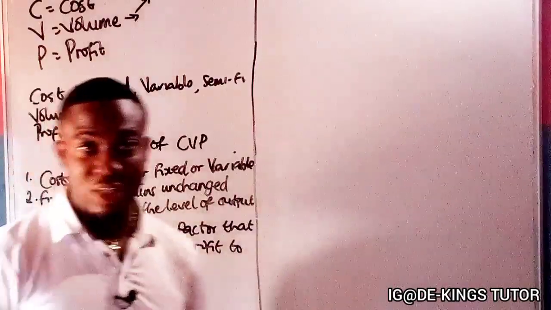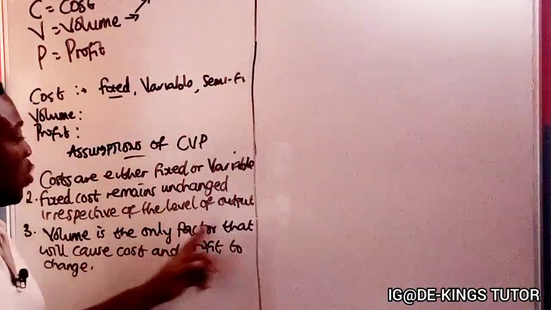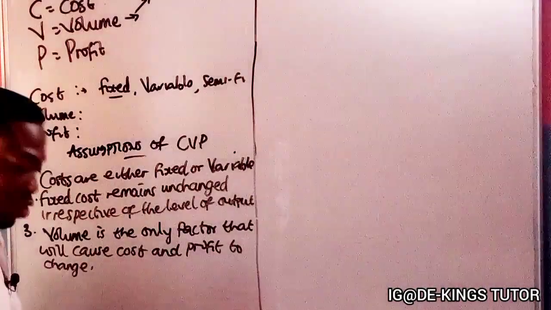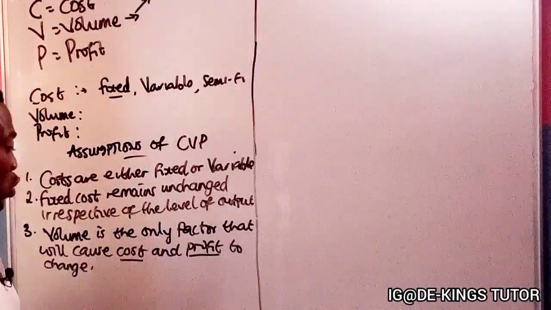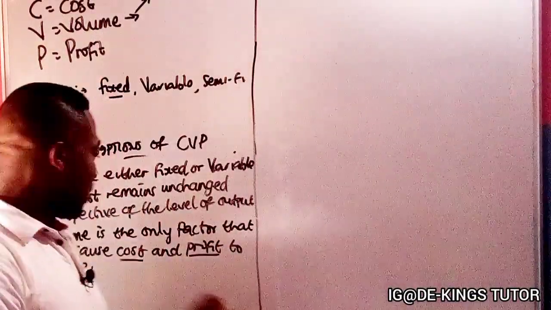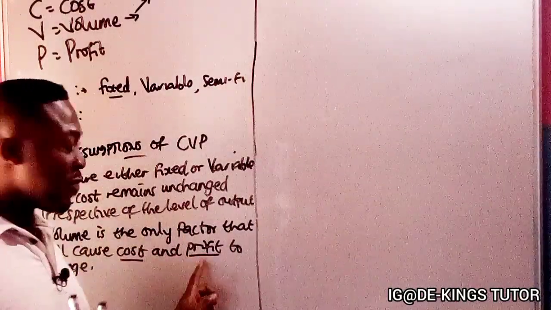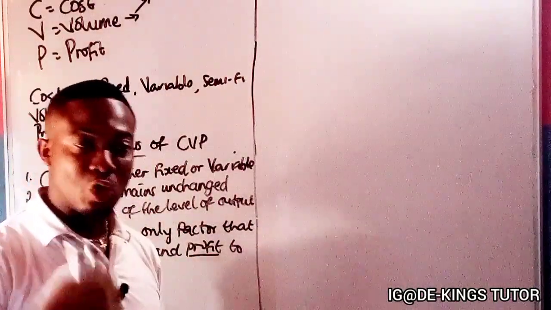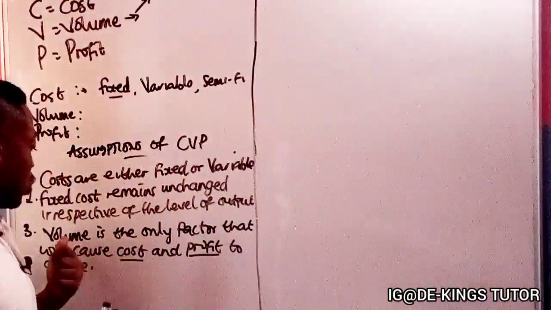So one of the underlying assumptions of the CVP is that the volume is the only factor that will cause the cost and the profits to change. That is, if cost is changing as regards the expenditure that will be incurred, it is subject to the volume alone. And also if profit will change as a result of more or less of an item to be sold, it is also as a result of the volume.